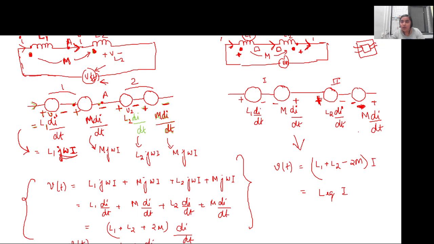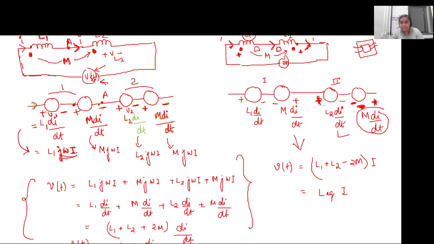In this case it will oppose the flux that is getting generated because of the first inductor in the second inductor. Because of the current flowing in the first inductor, there will be a flux generated in the second inductor, and that flux will get opposed by this particular mutual inductance, and hence it will have a reverse sign.